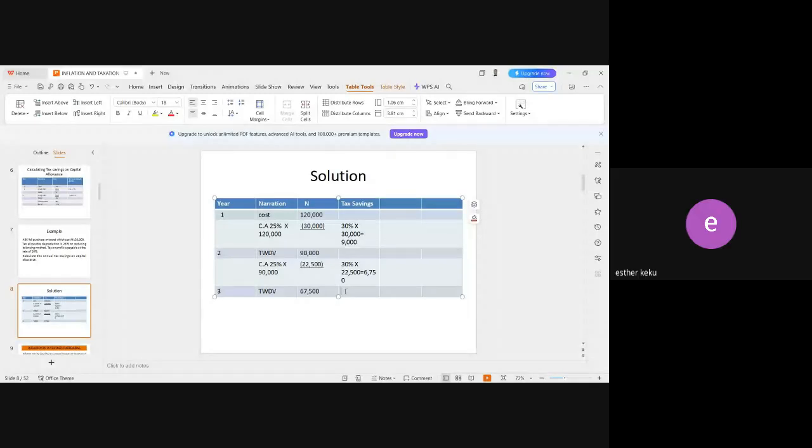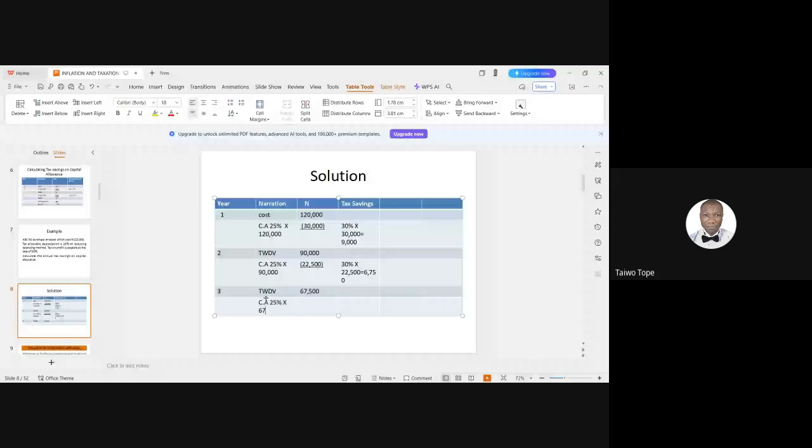Yes, sir. All right. So now, for the third year, your capital allowance will be what? 16,875. Capital allowance will be 25% of what?